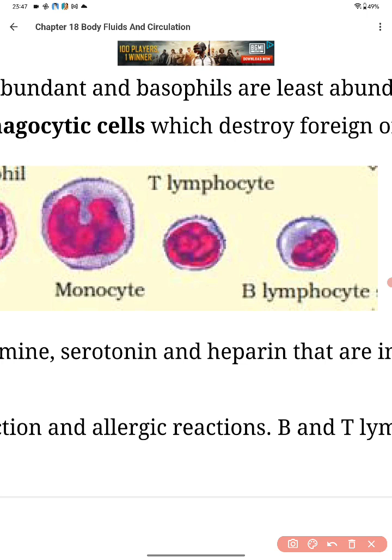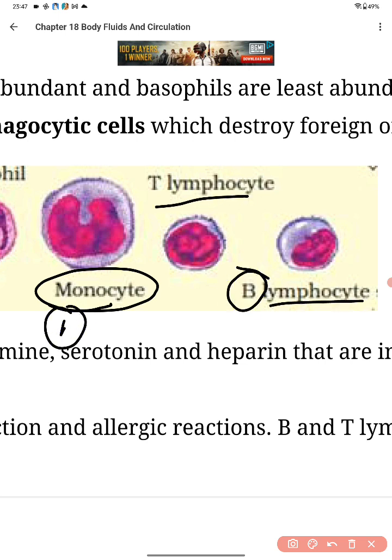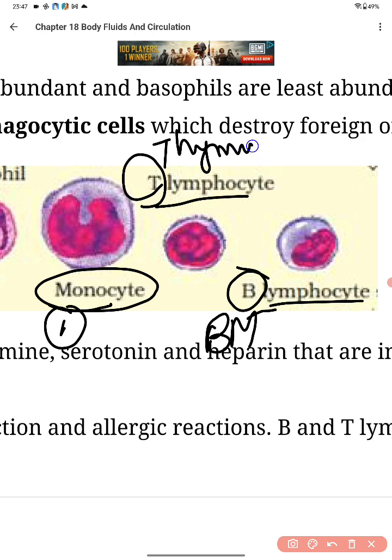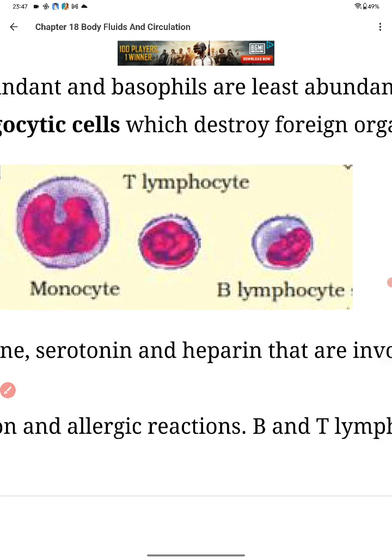For agranulocytes you have monocytes and lymphocytes. Lymphocytes are of two types: B lymphocytes, because they mature in the bone marrow, and T lymphocytes, because they mature in the thymus.